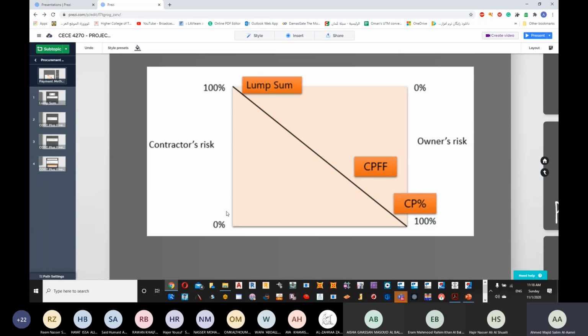Did you understand this one, or do I need to explain it further?